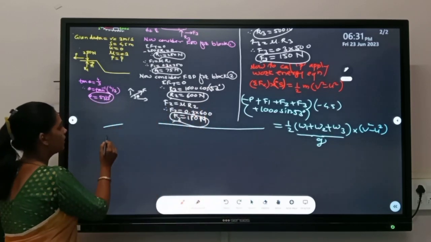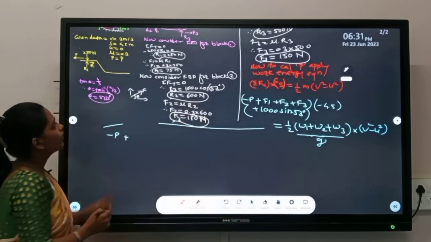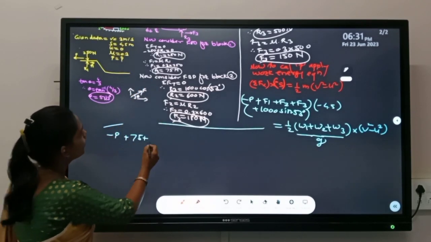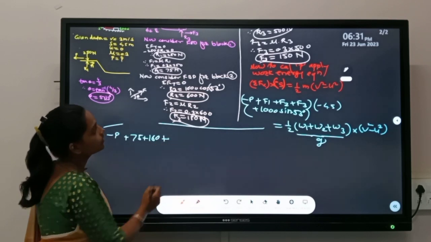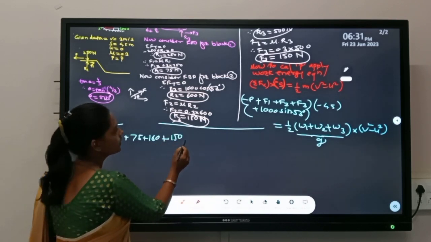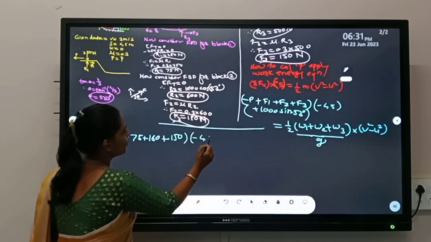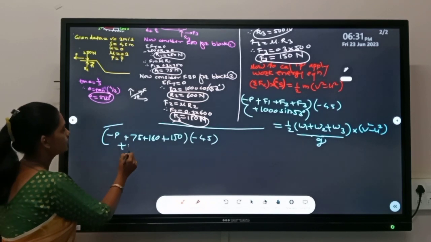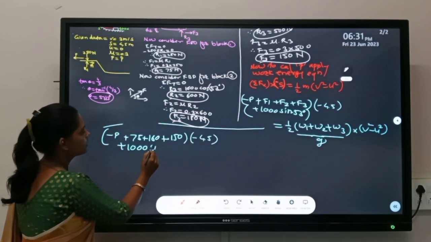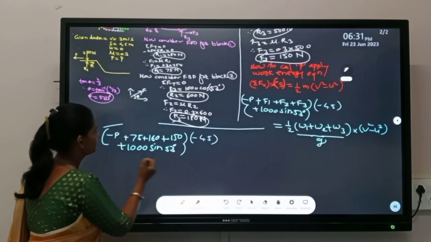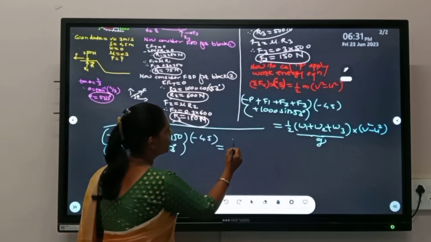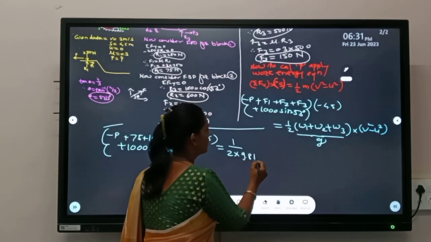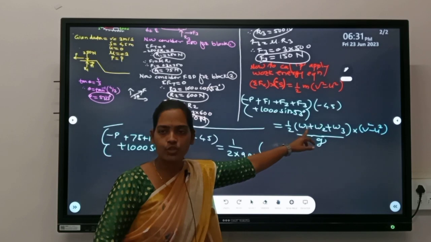So put all the values: minus P plus value for F1 is 75, plus F2 is 180, plus F3 is 150, into minus 4.5, plus one term remained here, 1000 sin of 53 degrees, is equal to 1 by 2 into value for g, which we are putting here as 9.81, into bracket, summation of all the weights of 3 blocks.